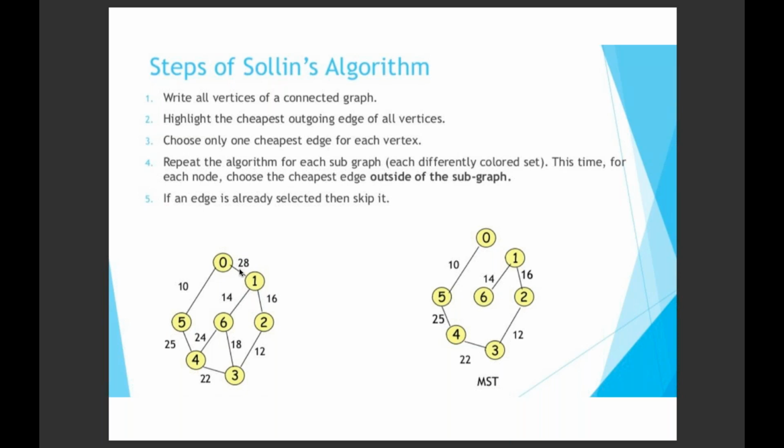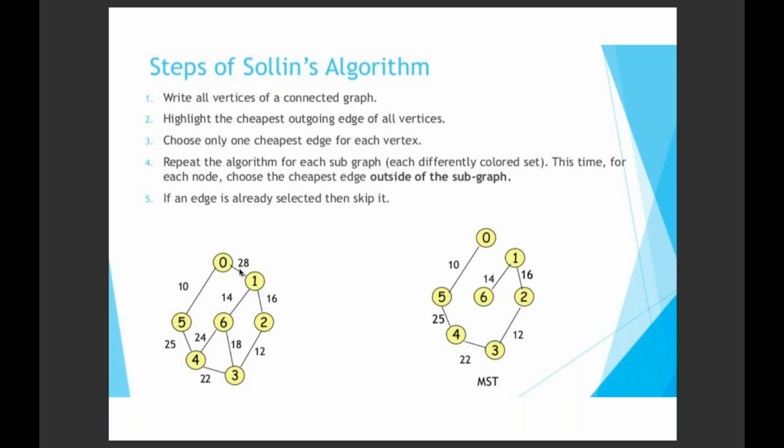So typically, when you are trying to write this Sollin's algorithm, you are working on the adjacent vertices and you choose the vertex which has less weight associated to it. So guys, we are going to highlight the cheapest outgoing edges from all the vertices first.